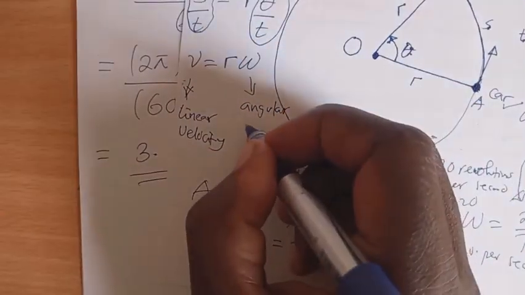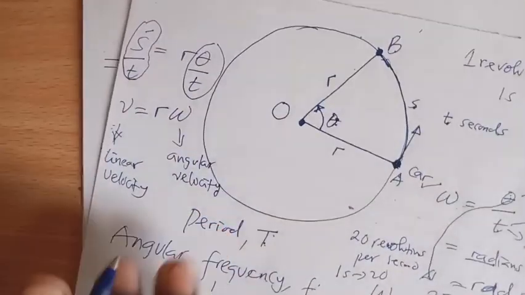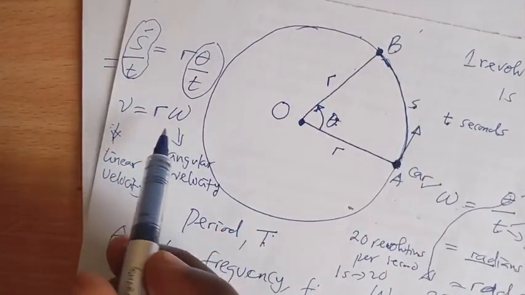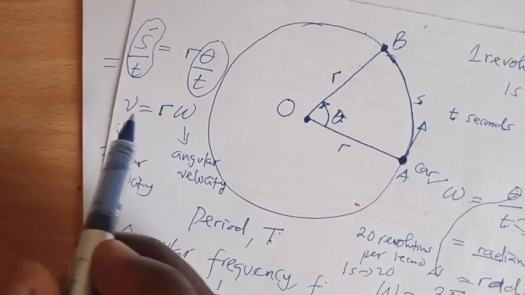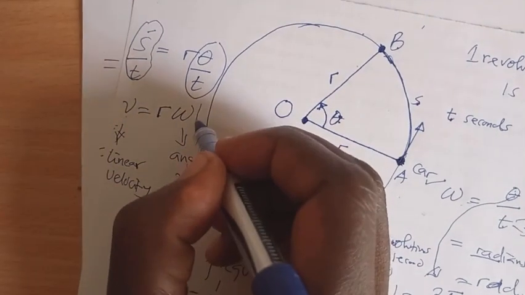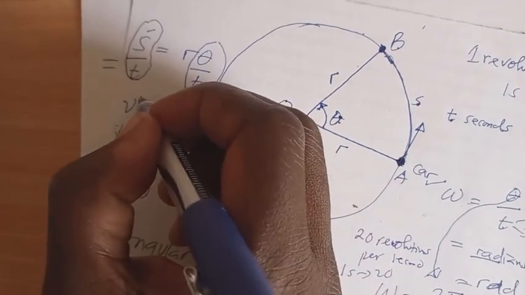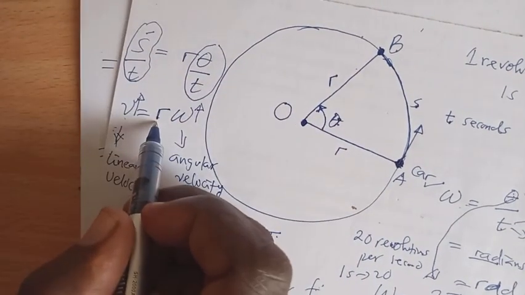This means there is a relationship between linear velocity and angular velocity. If you know angular velocity, you can simply multiply it by the radius of the circular track to get the linear velocity. In other words, if the angular velocity increases, the linear velocity will also increase when the radius is constant.